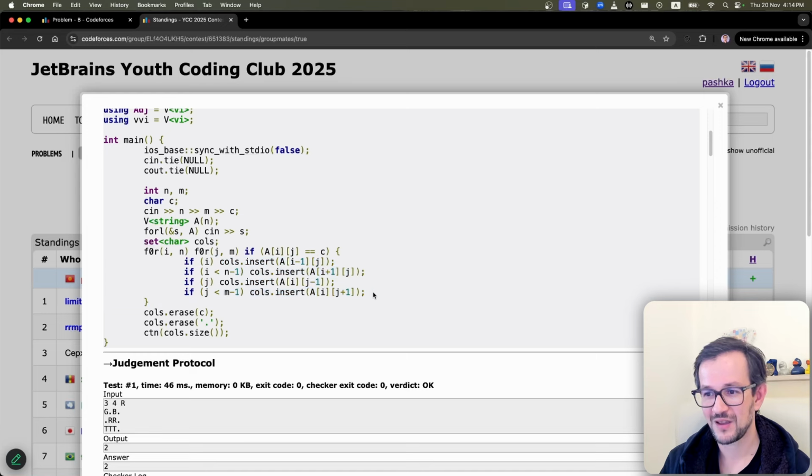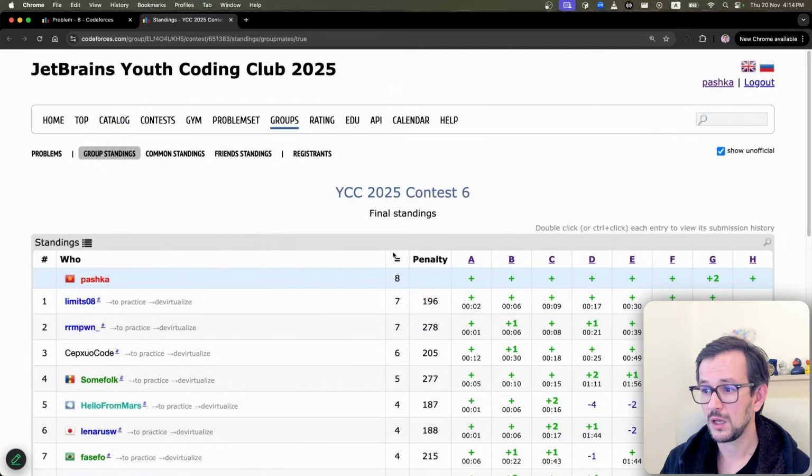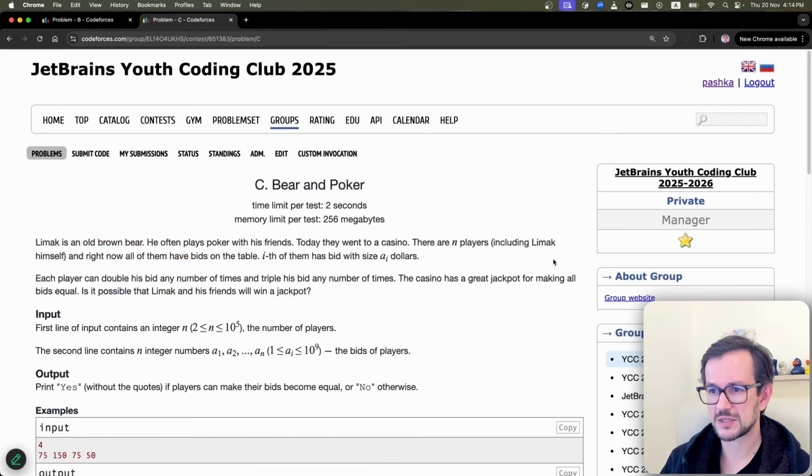And I check if this neighbor exists, then I add this neighbor to the set. And in the end, I just erase this target color because it's not a neighbor of itself, and remove the empty cell. Okay, this code is actually easier than mine. Yes, I agree, but not that much. Okay, let's go next.